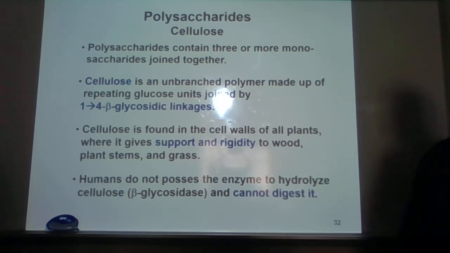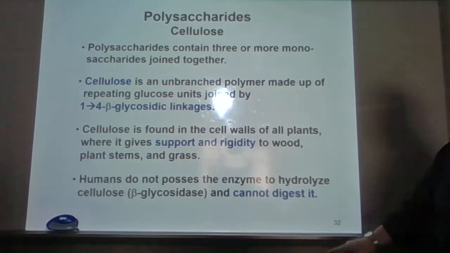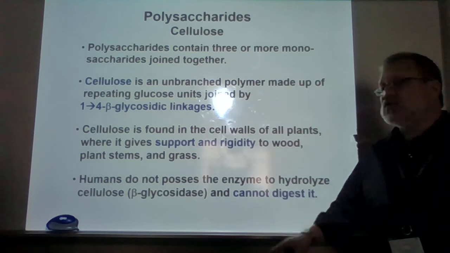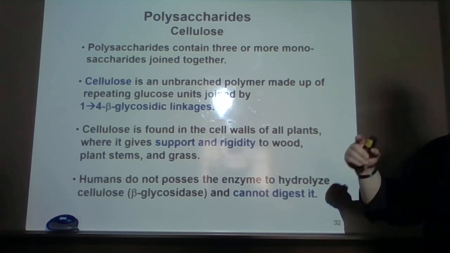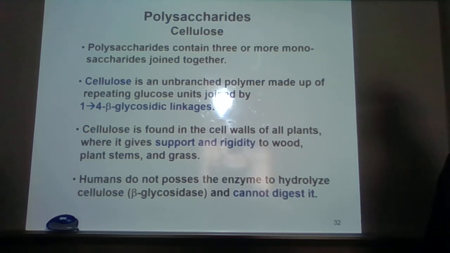For some reason, God saw fit to cause the enzyme that was present to break up cellulose into the glucose units for humankind to not have that enzyme. They had it, but at the fall, that was removed from the human system.